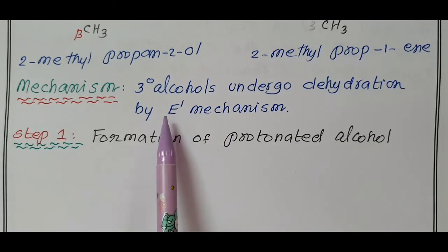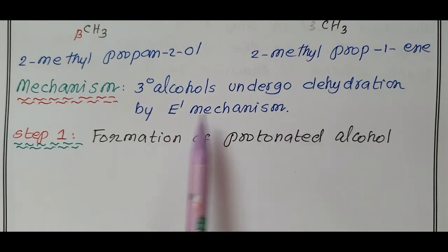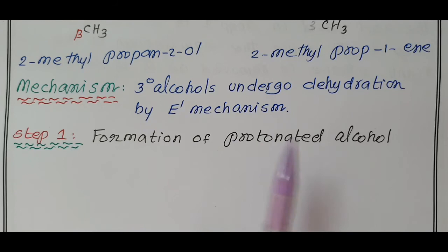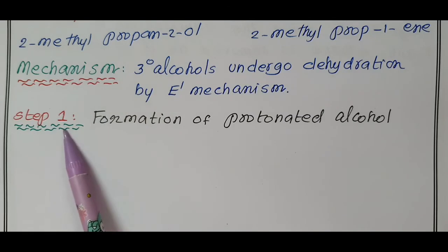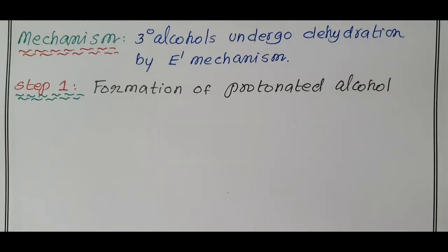The rate of elimination reaction depends upon the concentration of substrate only, and the order of the reaction is 1, and it is called the E1 mechanism, elimination reaction. The E1 mechanism takes place totally in 3 steps. Step 1 involves formation of protonated alcohol.